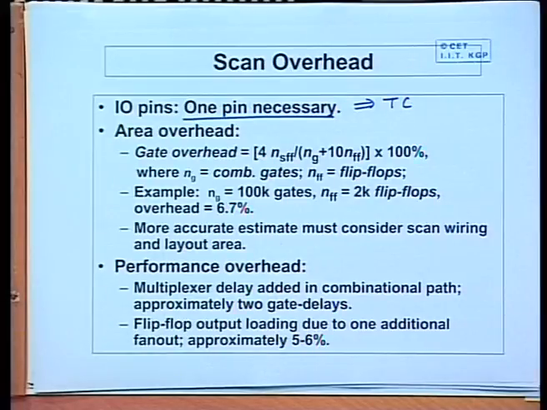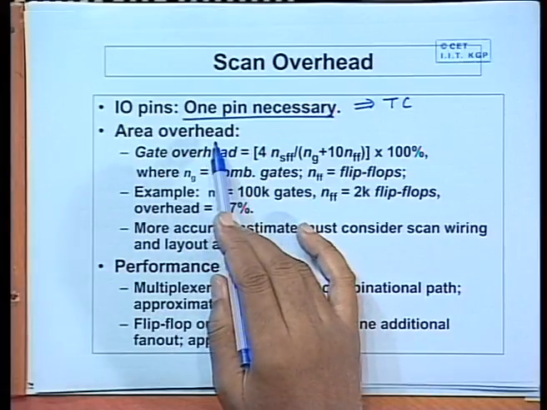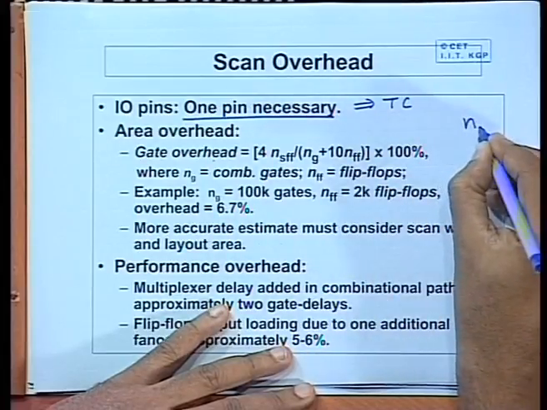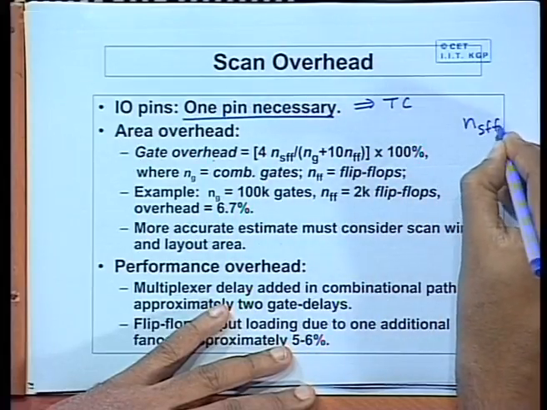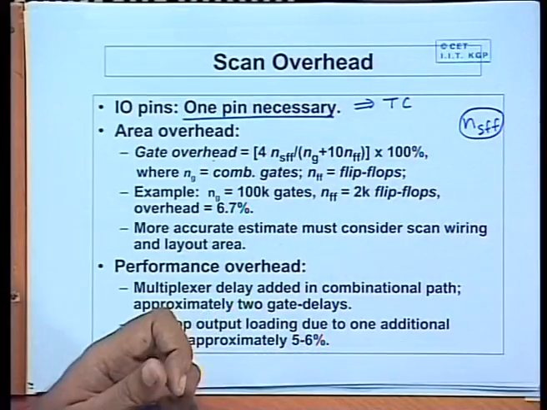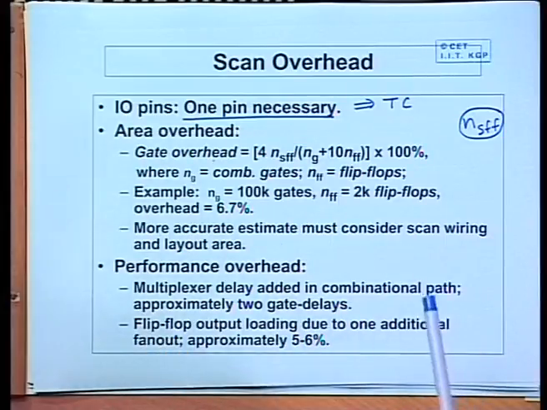In terms of area overhead, you observe that you have in SFF so many number of flip flops, and you have converted all of these flip flops into scan flip flops in order to implement scan path. Now, when you are converting a flip flop into a scan flip flop, if you recall, you are adding a multiplexer in the input stage, which means 4 additional gates.